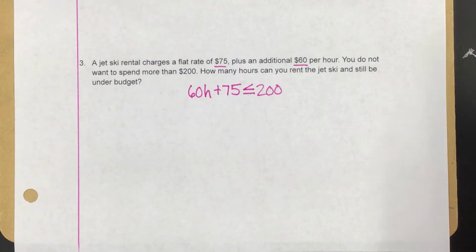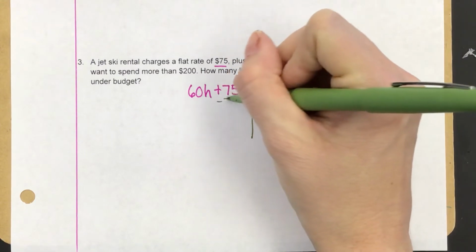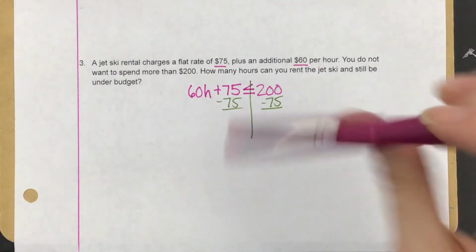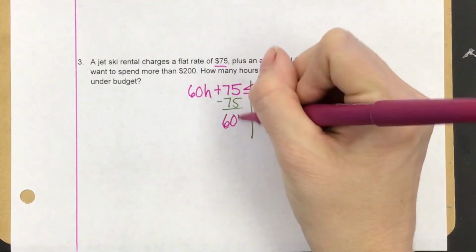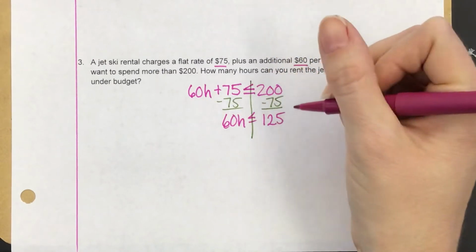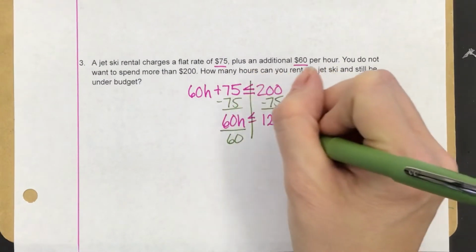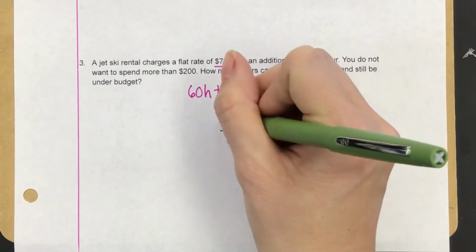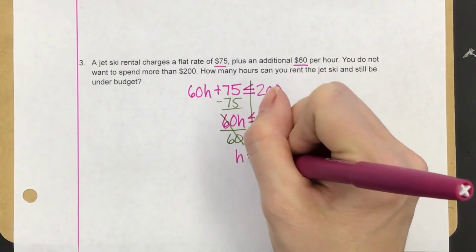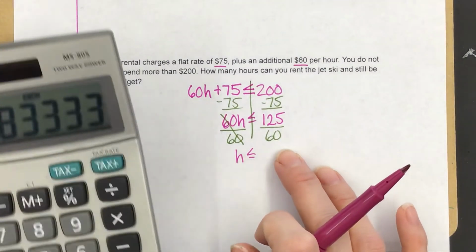Okay, now that you have your inequality written out, we're going to solve it. This also is not going to be super pretty, but it's approximately 2 hours, a little bit more, I think.